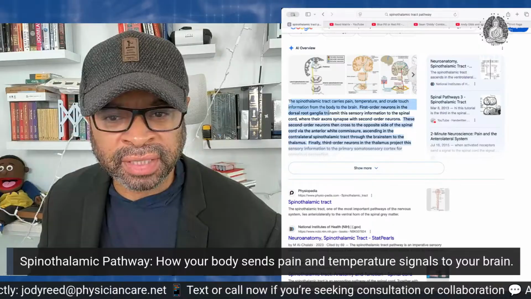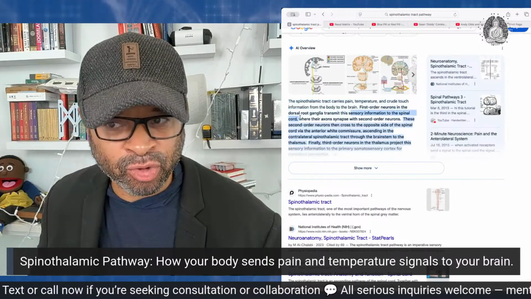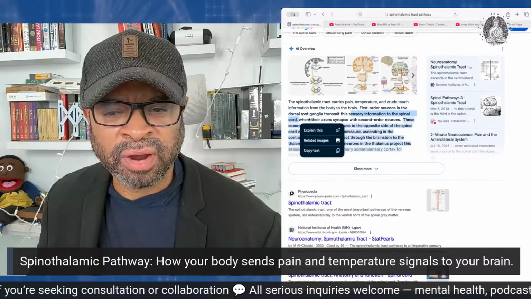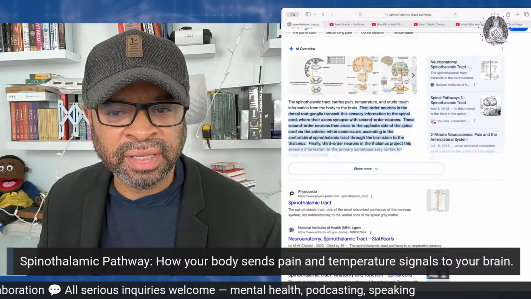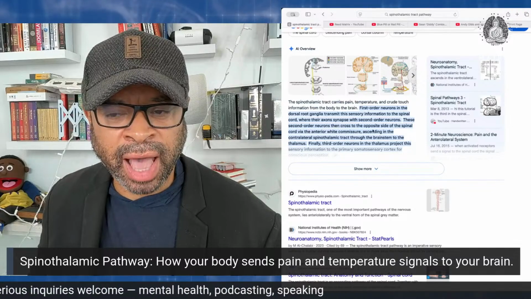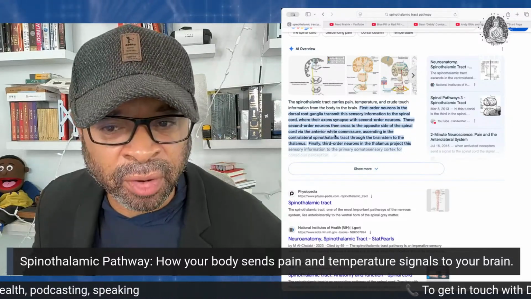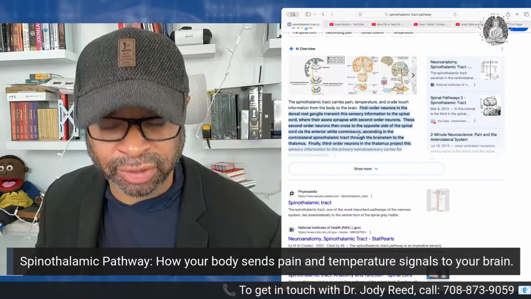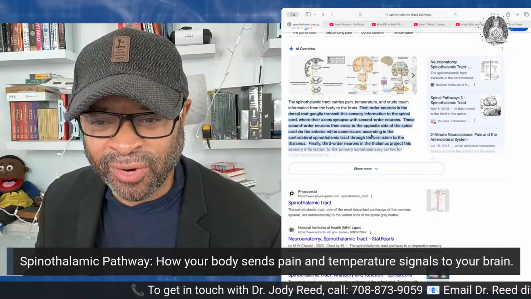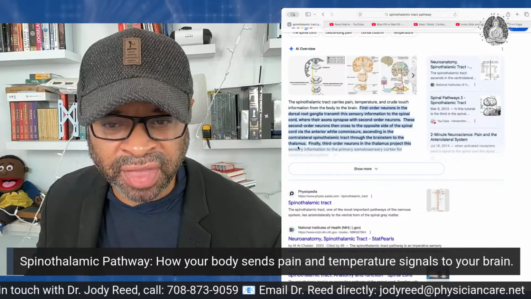First order neurons in the dorsal root ganglion transmit this sensory information to the spinal cord, where the axon synapses with a second order neuron. These second order neurons then cross to the opposite side of the spinal cord via the anterior white commissure. They ascend as the contralateral tract through the brainstem to the thalamus, right?